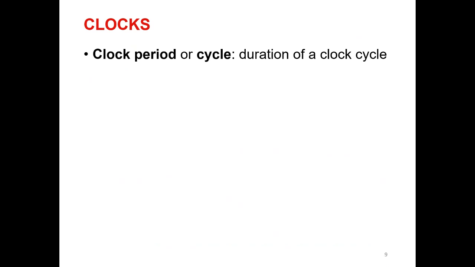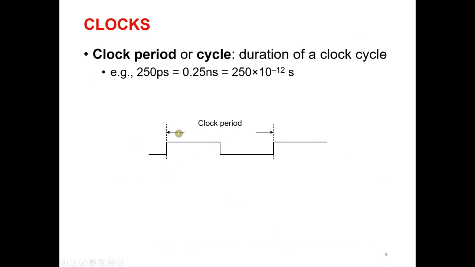In clocks we have two things to take into account. The first one, and very important, is the clock period or cycle, which is the duration of a cycle. For instance, if I have the signal, remember it's 0, then it goes up to 1, and it goes down to 0 again, and then everything is repeated. This is the clock period, the part which is repeated. Everything is repeated, let's say, in 1 second.